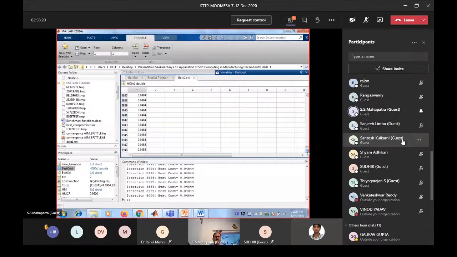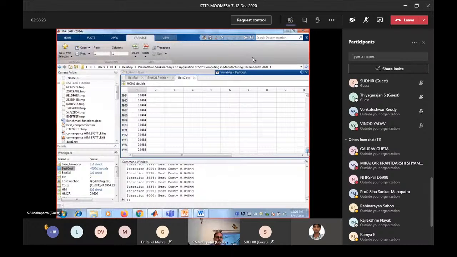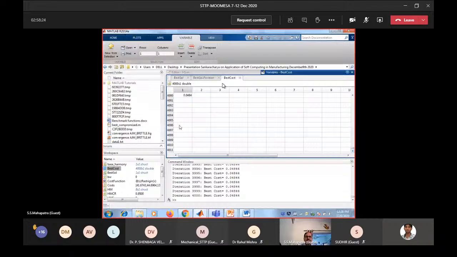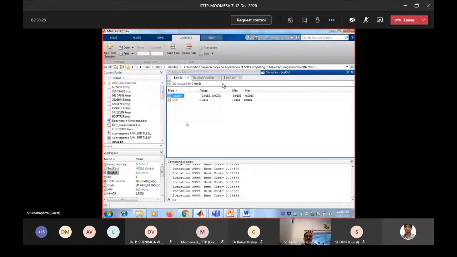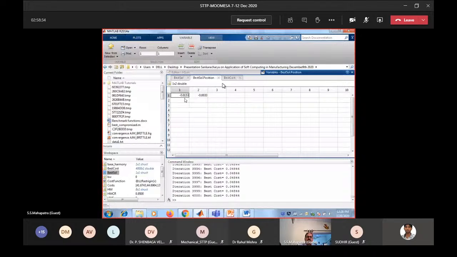You see, for the best solution, the position values we got are almost 0, but not exactly equal to 0. So it needs some more iterations.